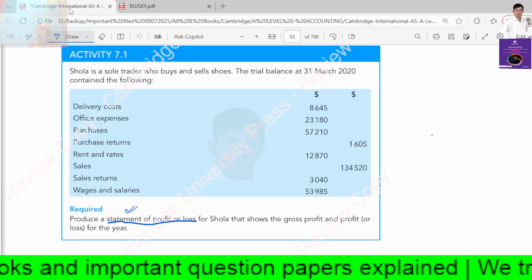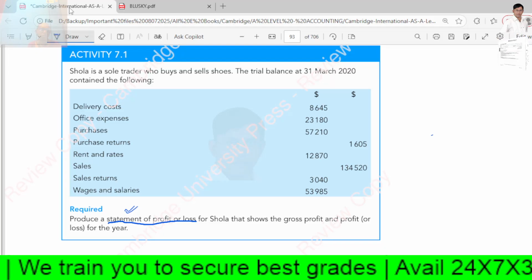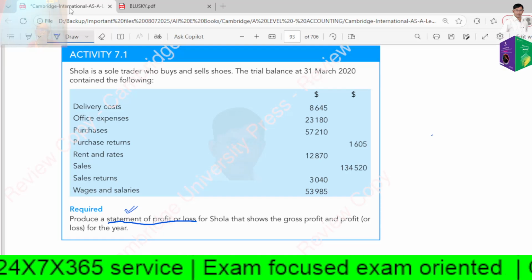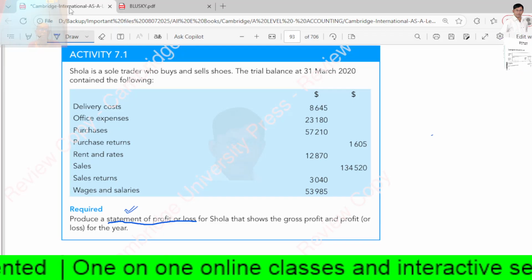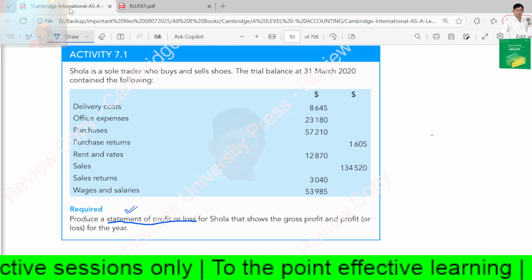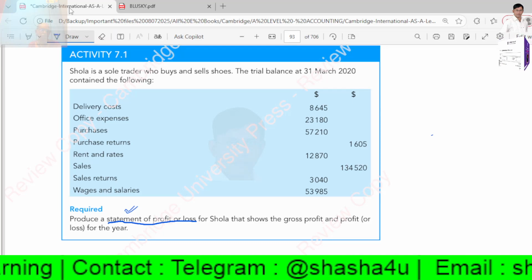You will be using the rules of debit and credit, but here, since it is a statement, there are no sections like debit and credit. We have to present it in such a way that anyone in the world can understand it. That is why we are following the particular format.